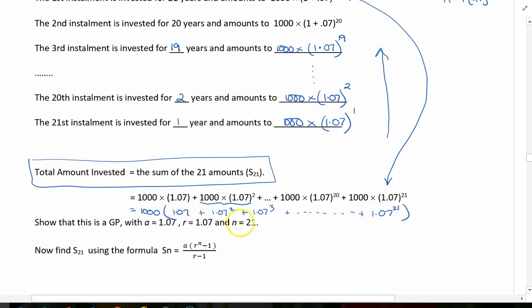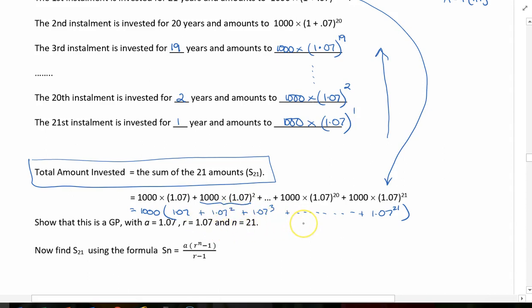So we've actually got 21 terms here, and this becomes a GP with A as 1.07, R, this term over that one, would be 1.07. Just double checking, this over that, 1.07.